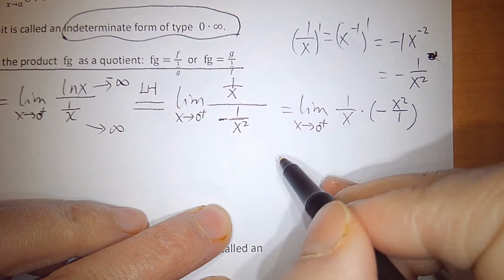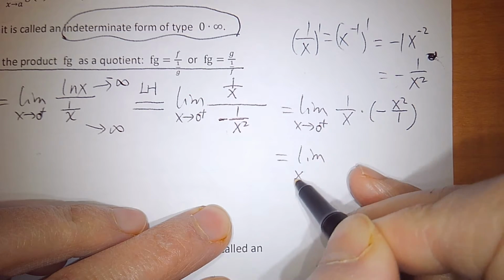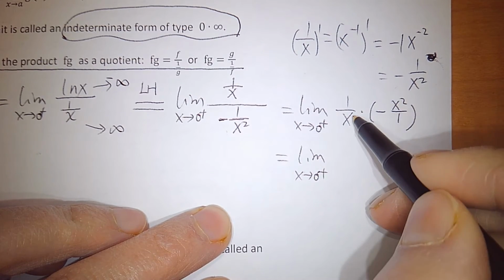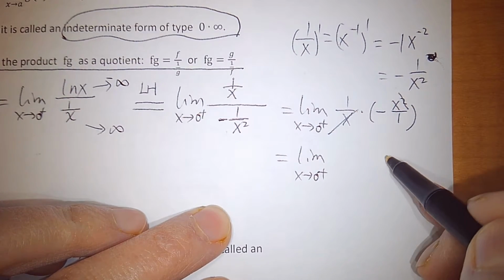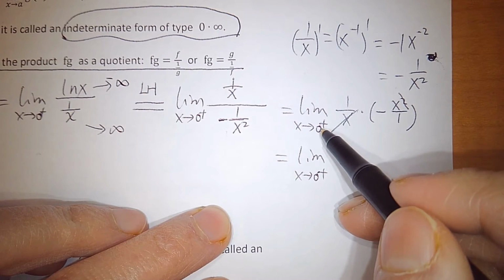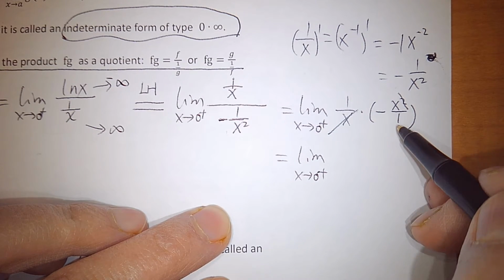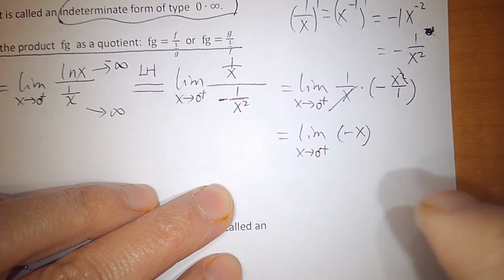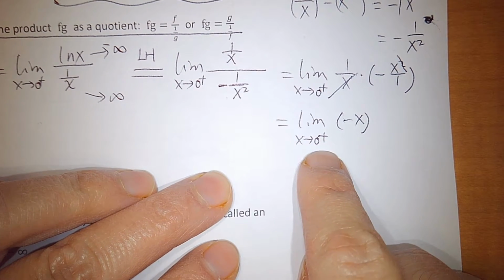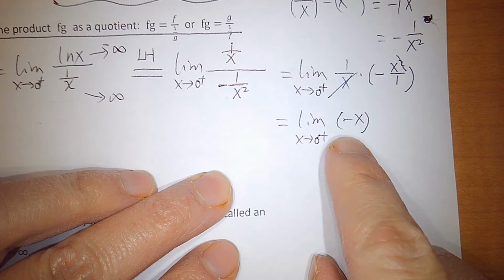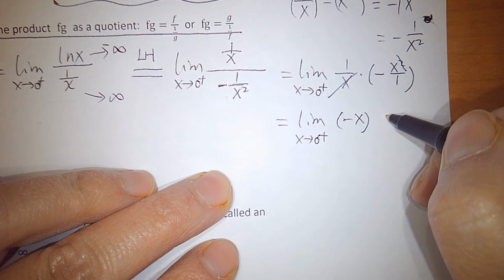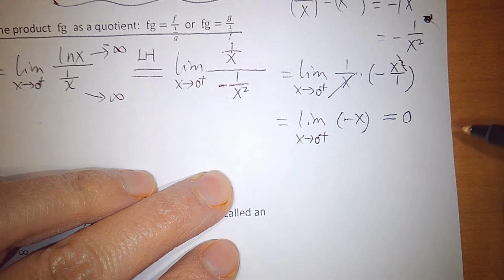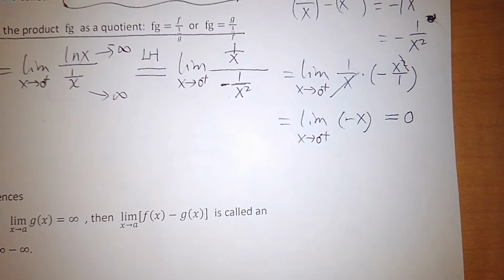Let's see what we can simplify. This x and this x cancel out, because x goes to 0 positive, so x does not equal 0. So we have negative x. When x goes to 0, we have negative 0, which is 0. Done.